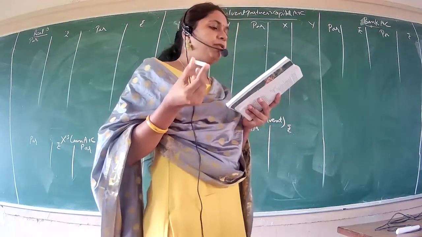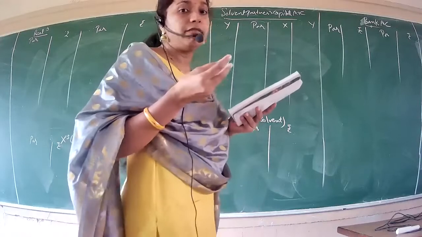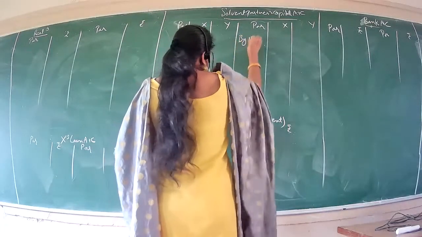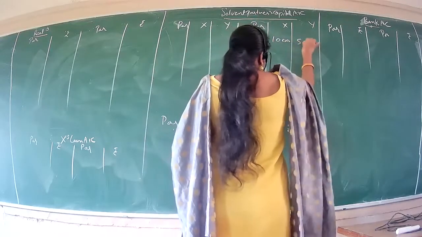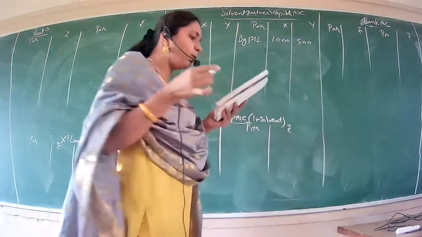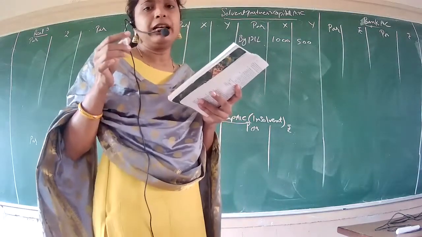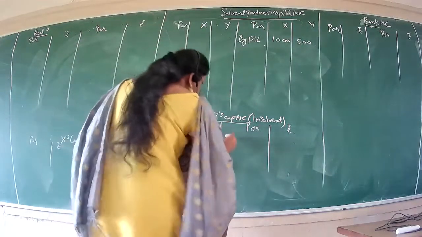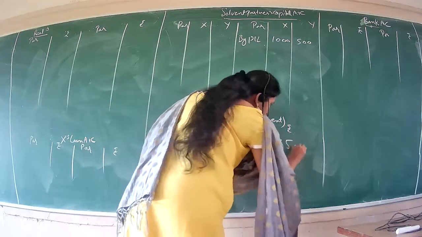2,250, and their profit sharing ratio is 4:2:3. If we divide this, the entry will be by profit and loss 1,000 for X and 500 for Y. The same we have to enter in the insolvent partner's account also, and for the insolvent partner it is going to be 750.